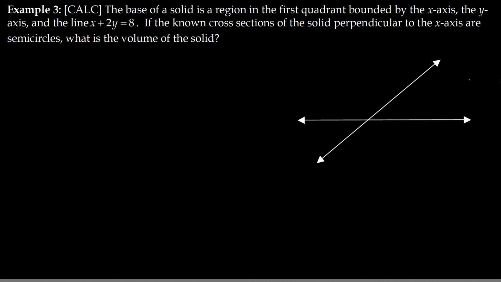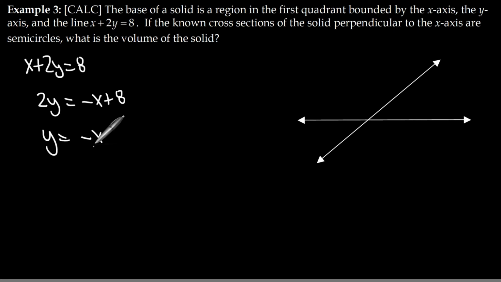So we'll have x plus 2y equals 8, and we will move the x to the other side, and then we'll divide everything by 2.